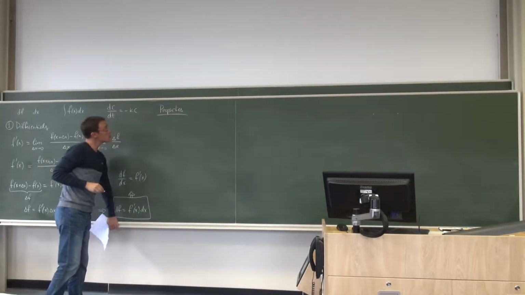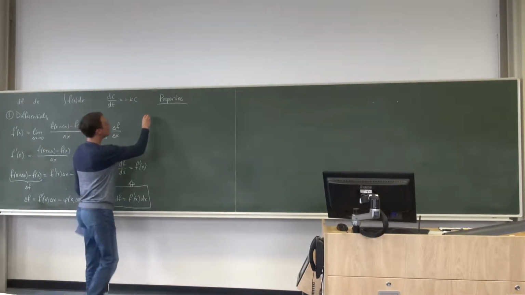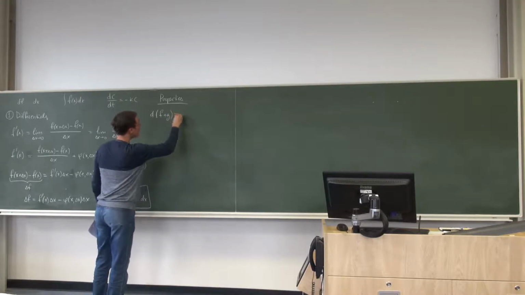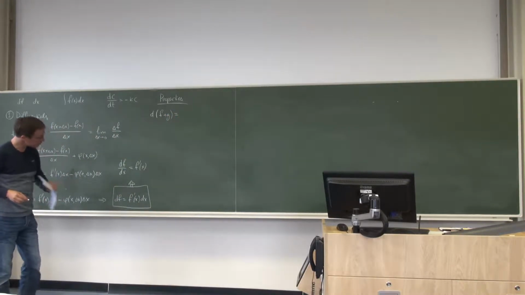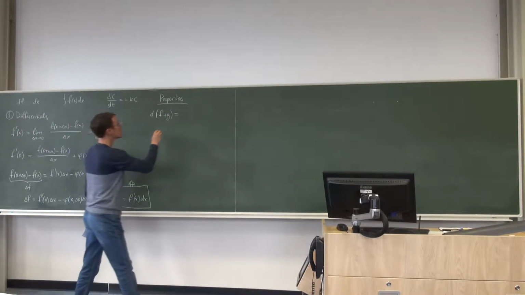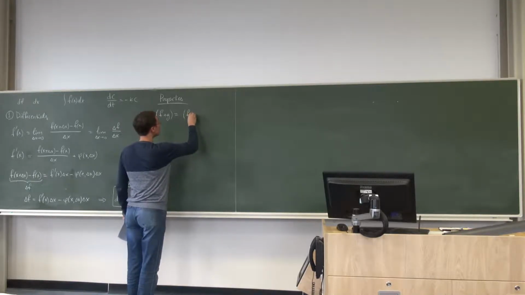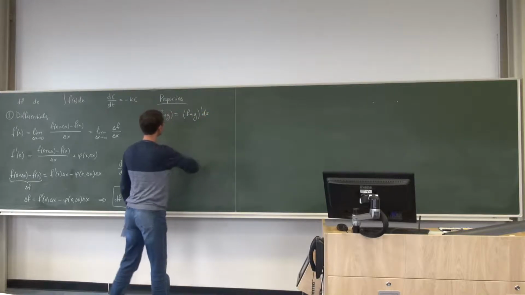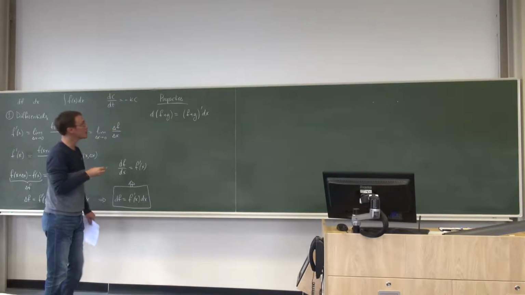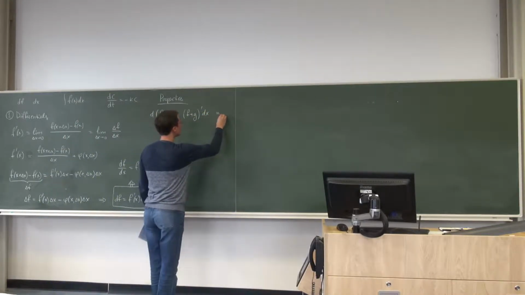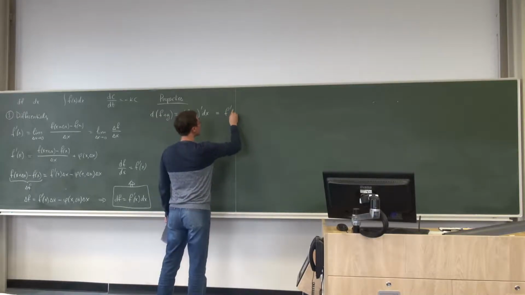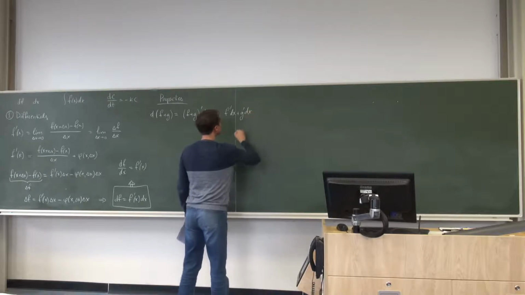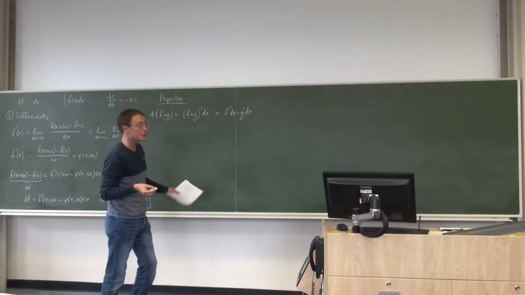Well, the differential of a sum d(f plus g), as the definition here suggests, will be (f plus g) prime dx if they both depend on x, which is of course then f prime dx plus g prime dx, and f prime dx is just df.